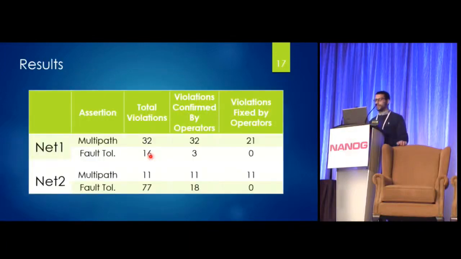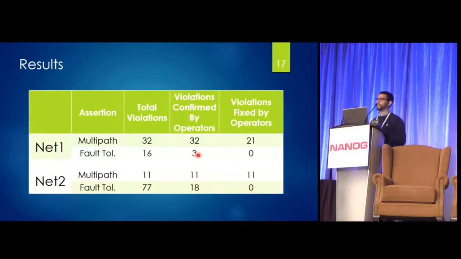So as I said, we tested these properties on these two networks. In this column, you can see the total number of violations that were detected initially by our tool. In this column, we show the violations that were confirmed to be real problems by the operators. For multipath, they were all confirmed to be problems, and for fault tolerance, we had some false positives simply because of the way the network was organized: some of the departments actually had different names, but were really the same department.